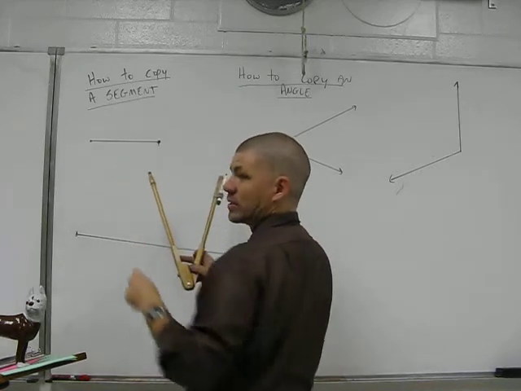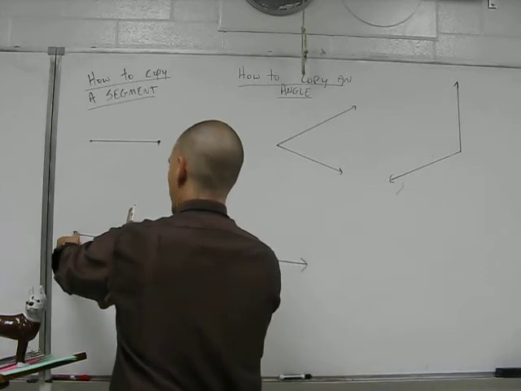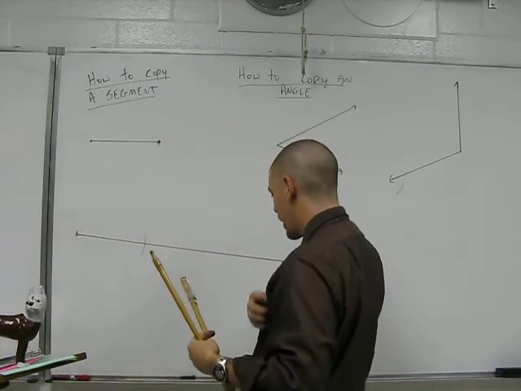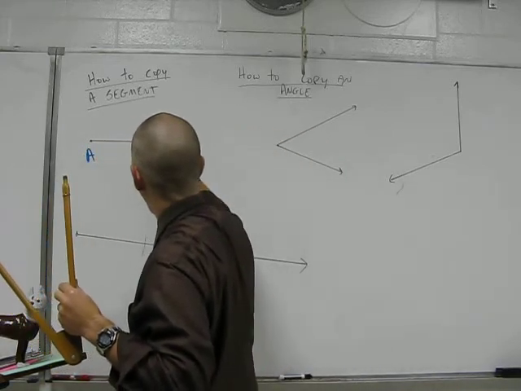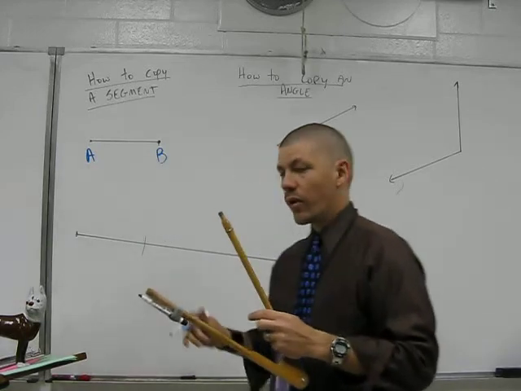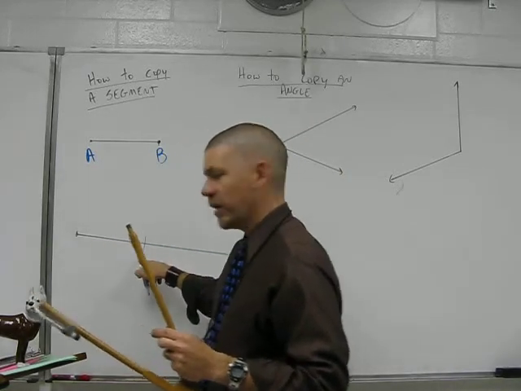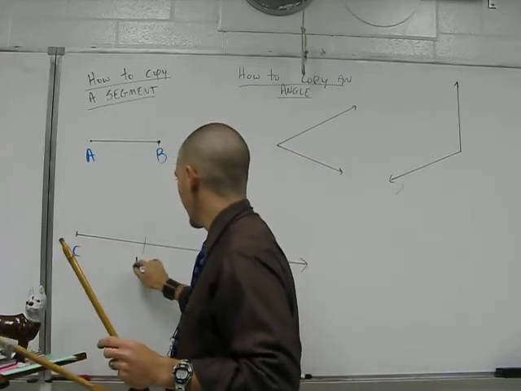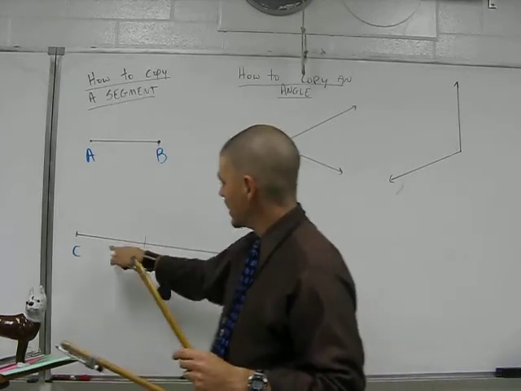It could have been 6 inches, 6 feet, 6 miles, I don't care. If I take that down to my endpoint and go right there, look at that. If this was segment A to B, I would call that segment AB. Now I can't call this segment AB anymore because I already have an AB, but I don't invent a letter like C and D, because this came from that.